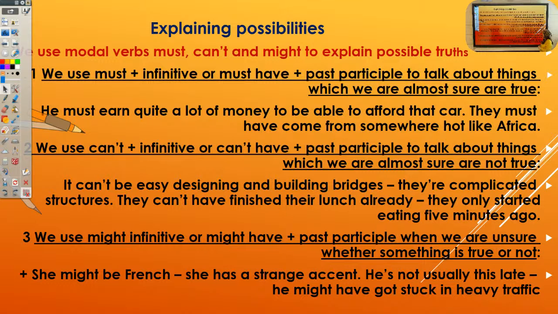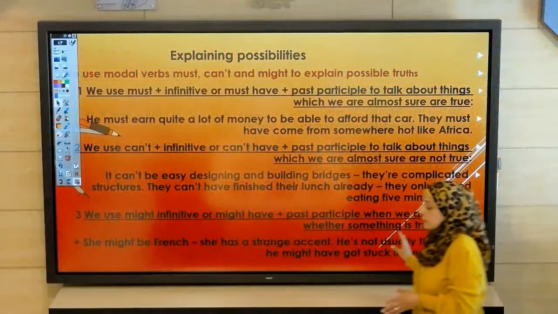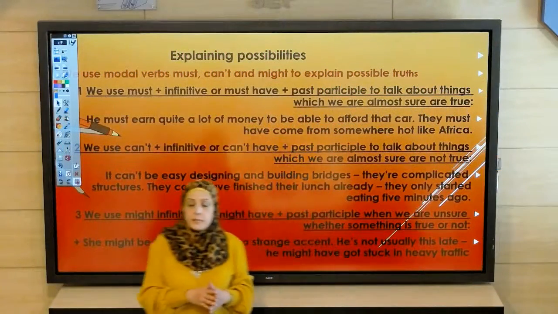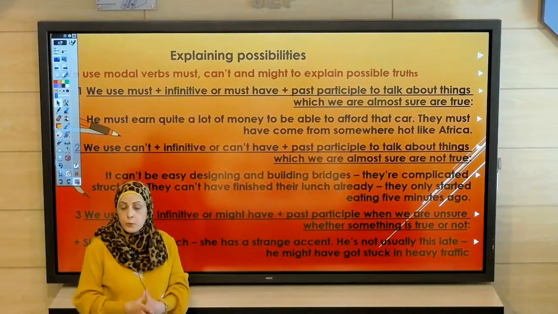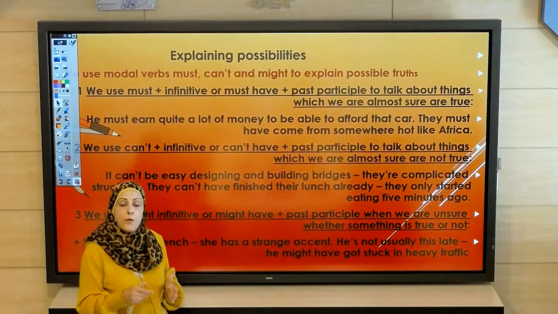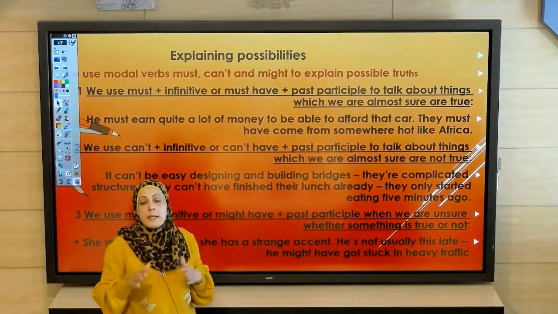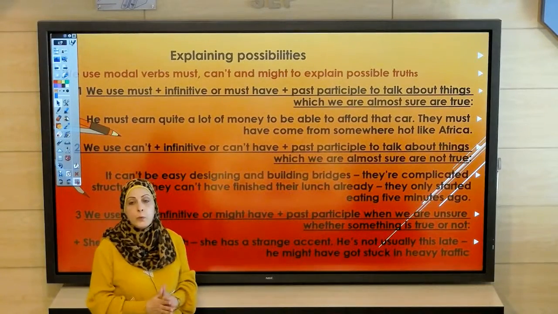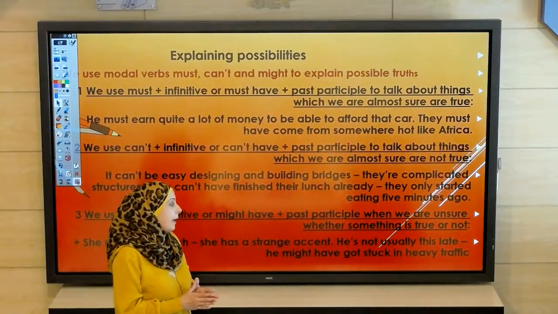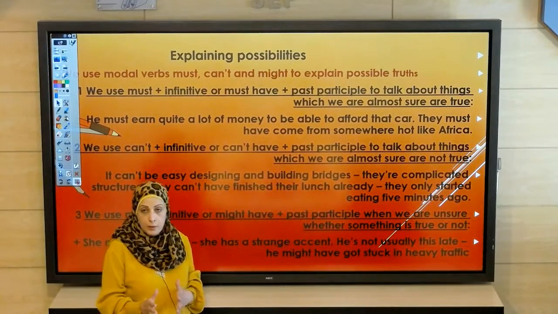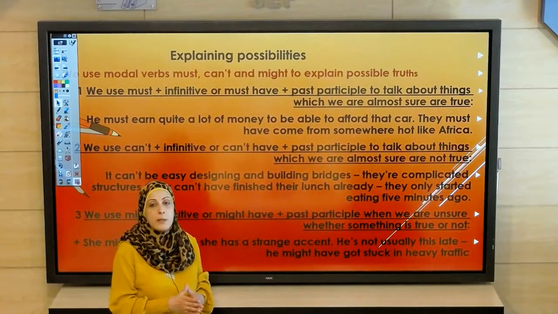He's not usually this late. He might have got stuck in heavy traffic. So, I repeat, if we are sure that something is true, we use must. If we are sure that something is not true, we use can't. And if we are unsure, okay, about something, we use might.